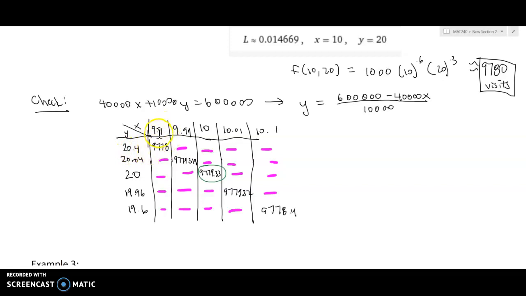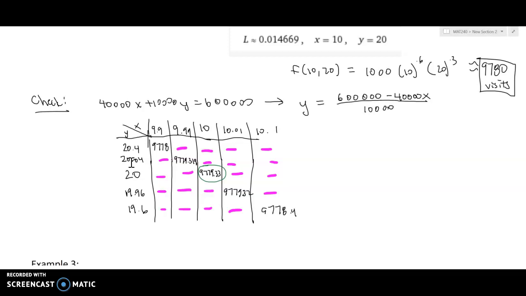And if we then take 9.9 for x and 20.4 for y, and we put it into our visits equation, we'll get 9,778. Similarly, for x is 9.99, in the constraint equation, in order to meet our $600,000 budget, we would need y to be 20.04.